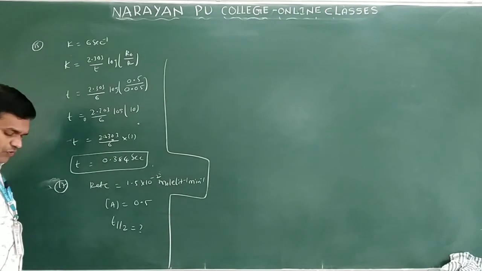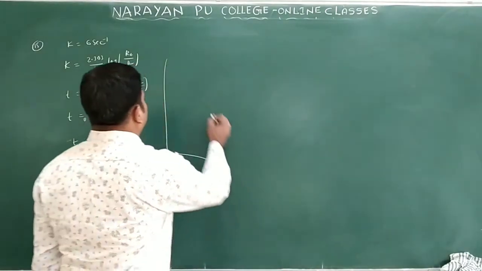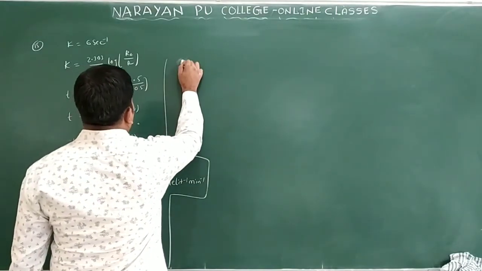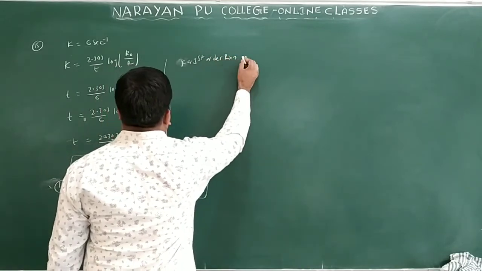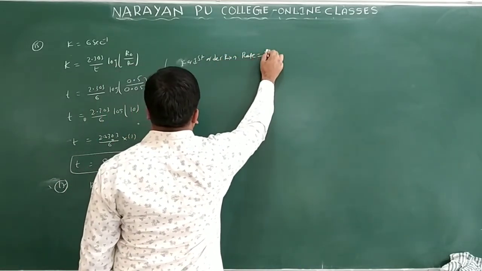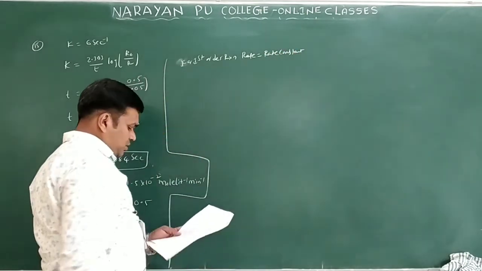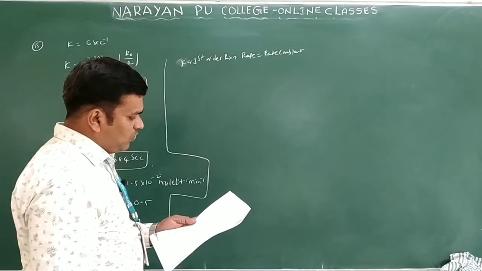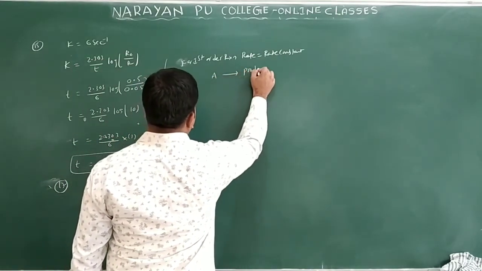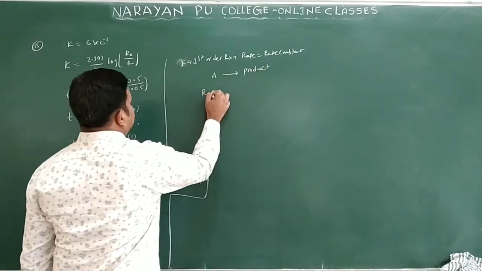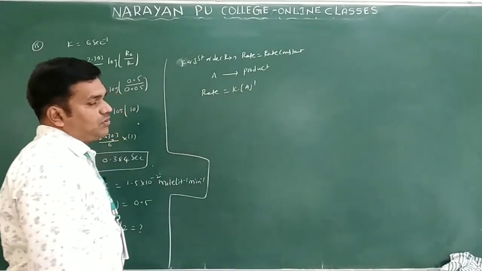For a first order reaction, I will write rate is equal to rate constant. Suppose A gives rise to products. I write rate is equal to K into concentration of A whole power 1.